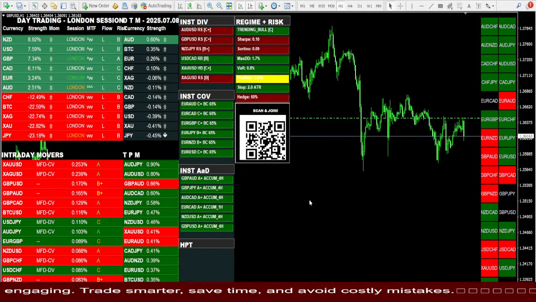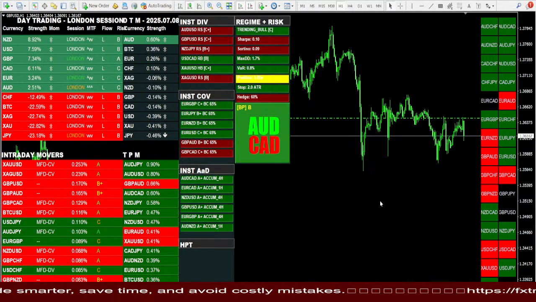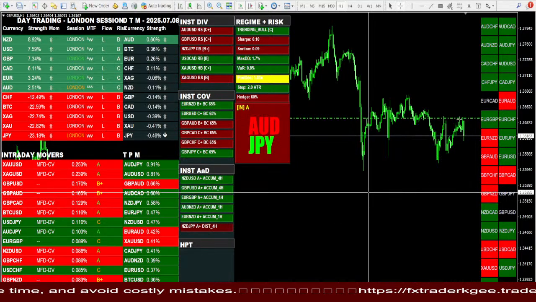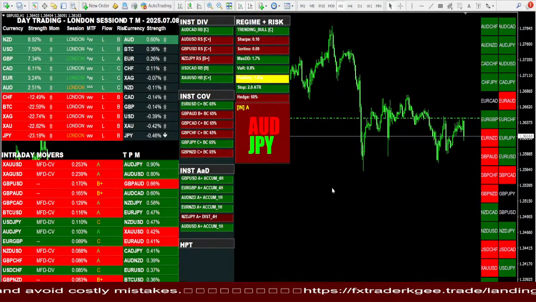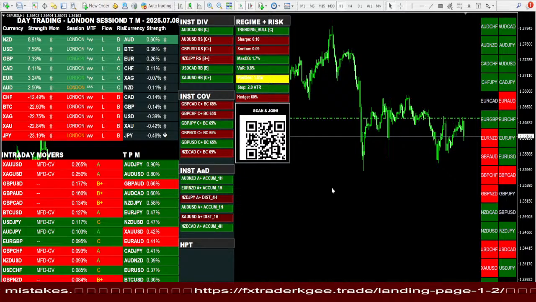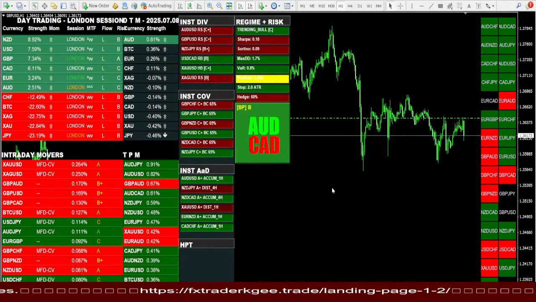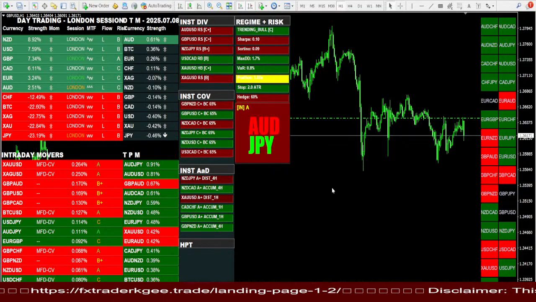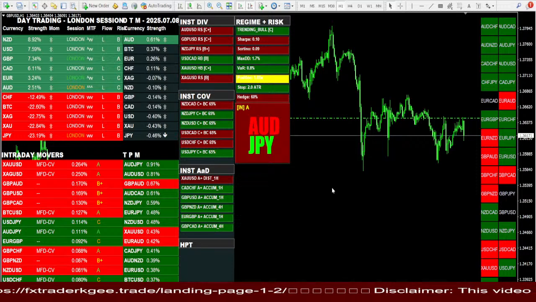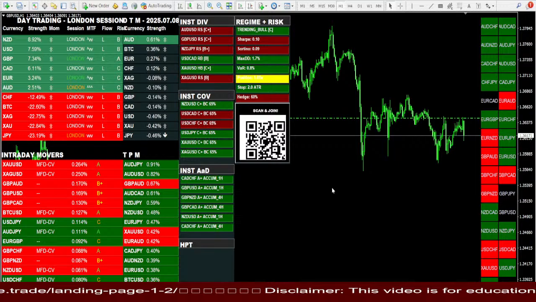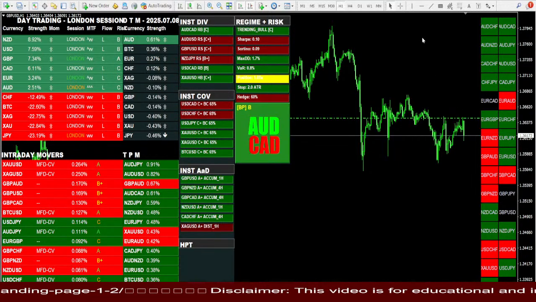I'll hold it until it either hits the stop loss, or I exit the market manually, or it goes in the purported direction, which is to go up from here.